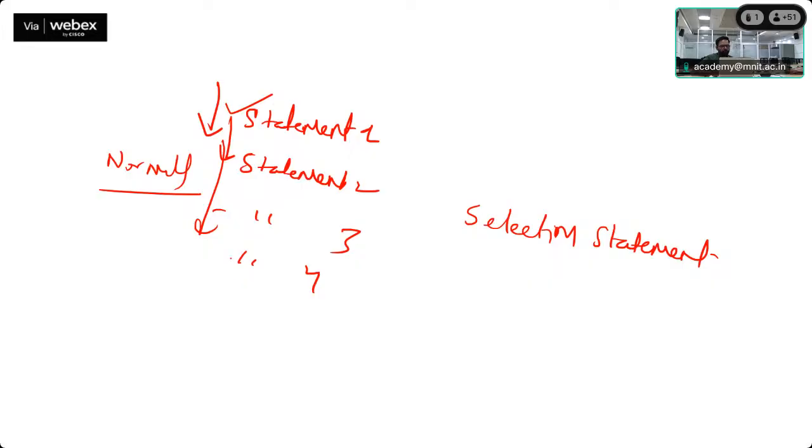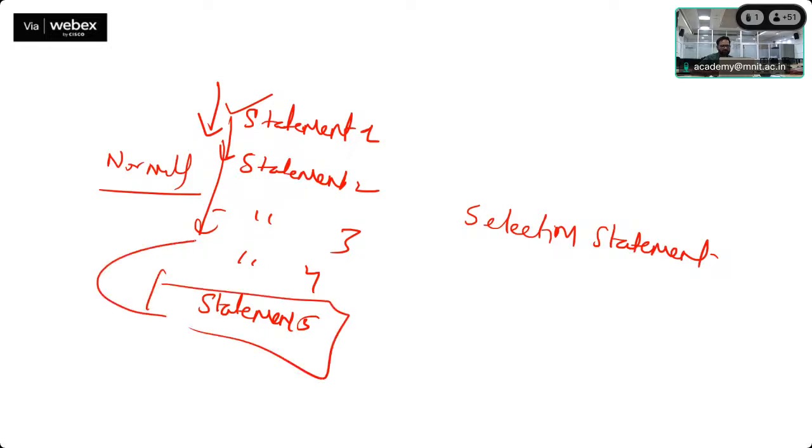If you want to perform some operation, let's say statement number 5, a number of times, then you can use iterative statements like loops. And in Python, similar to other programming languages, you have two options: either you can use a for loop or a while loop.